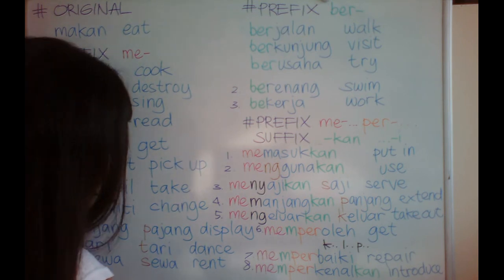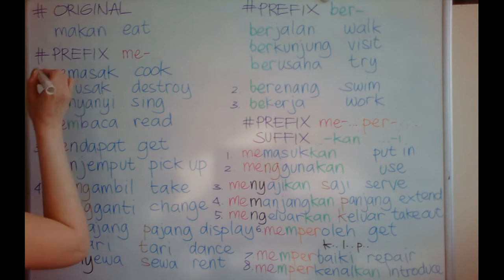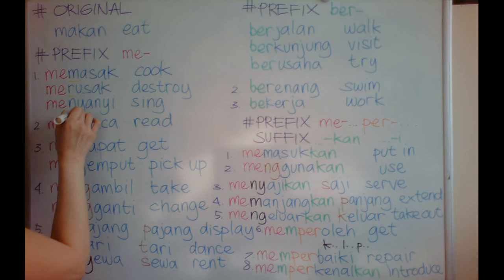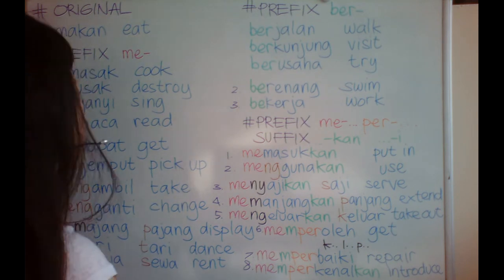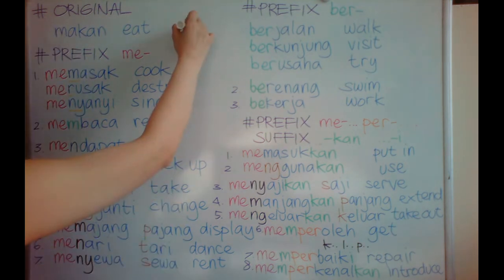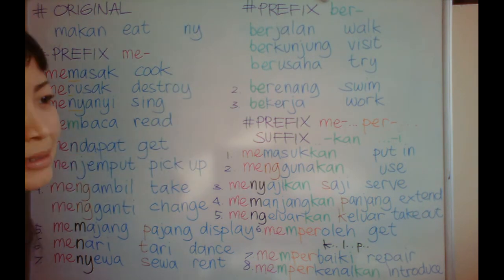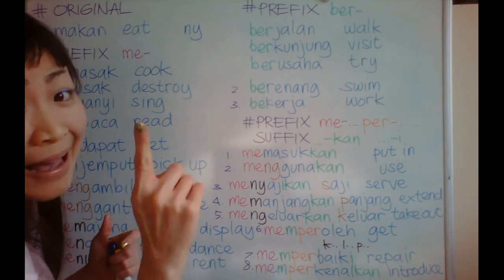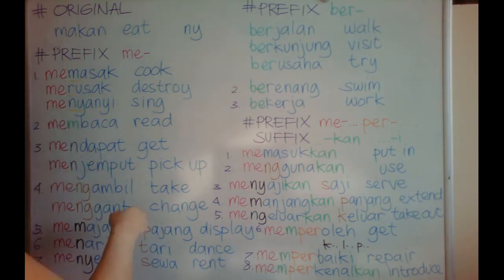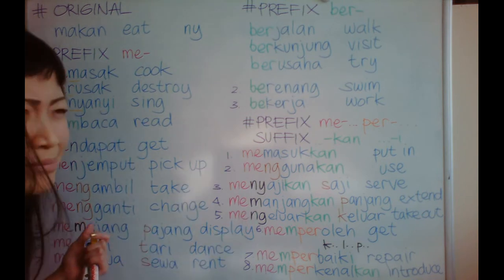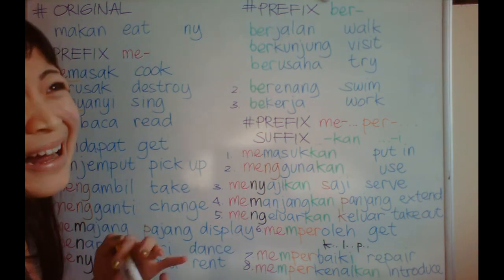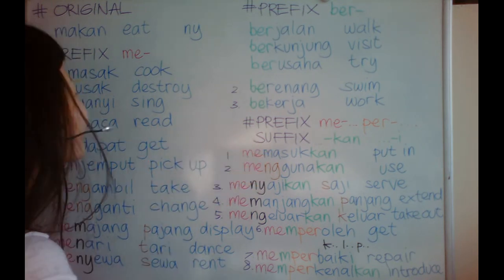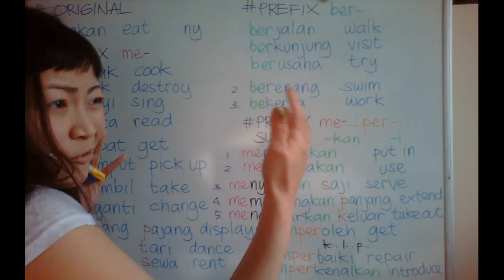So if it starts with M, if it starts with R, or if it starts with ng, how do we say ng? I will write the ng here. It's like the ng in Kanye West. I'm too lazy to find another example, so I will just use Kanye West forever, I think.